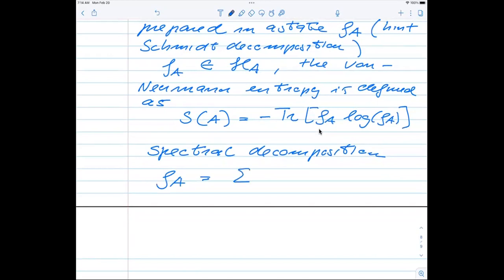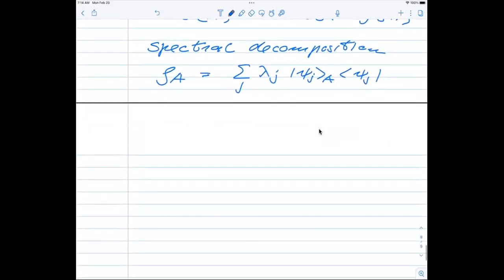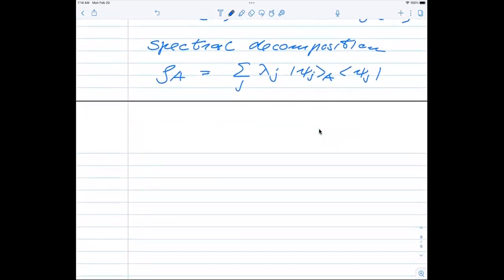So we have a sum over j of lambda j, and then the states psi j of A and psi j. These lambda j's are the eigenvalues of the density matrix, and they are interpreted as probabilities, as we've seen.